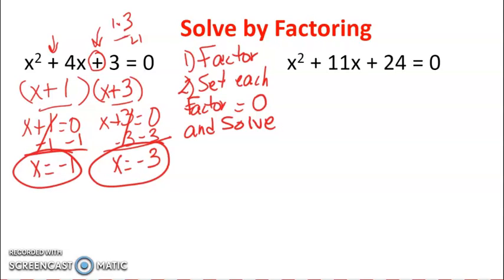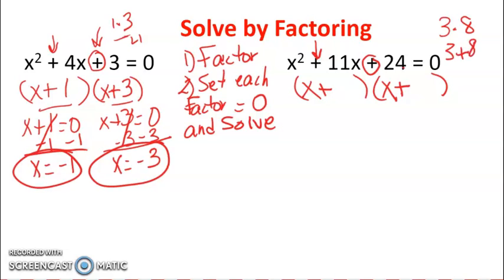Okay? So I want to just look at this next one. We're going to set up two parentheses, split the first term. Signs are the same, both plus. Now I need terms that multiply to give us 24, but when I add them, I get 11. So 8 and 3 are my two factors.